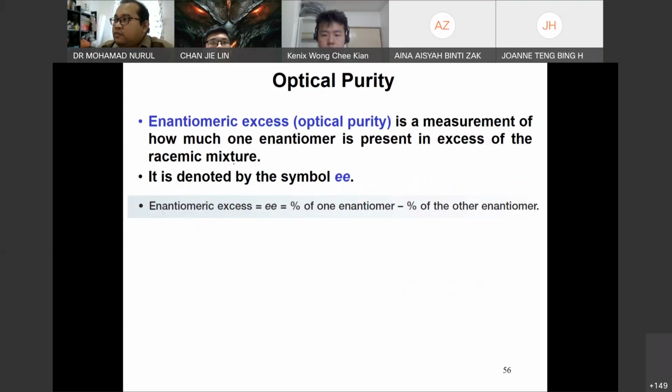Optical purity, or enantiomeric excess, we call EE. It is a measure of how much of one enantiomer is present in excess of the racemic mixture. Enantiomeric excess, EE, is the percentage of one enantiomer minus the percentage of the other enantiomer, and you will get the percentage of EE.